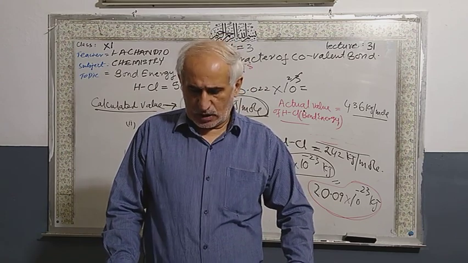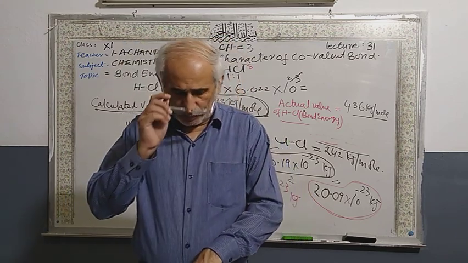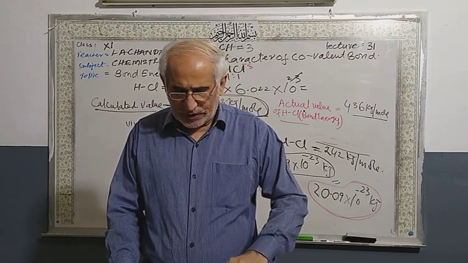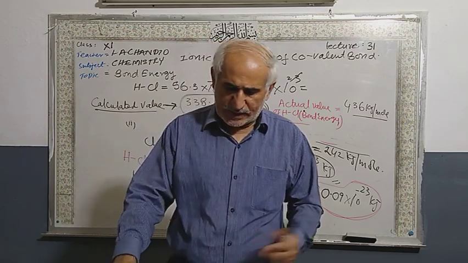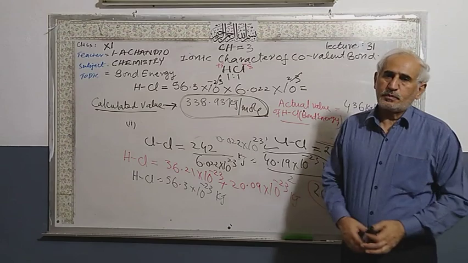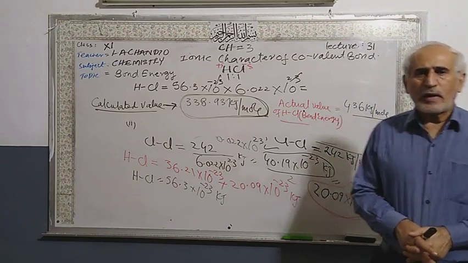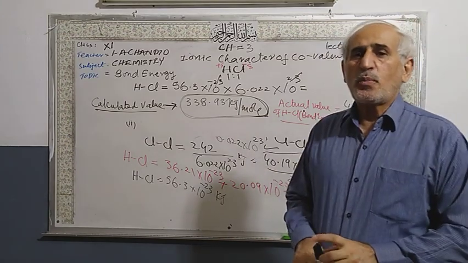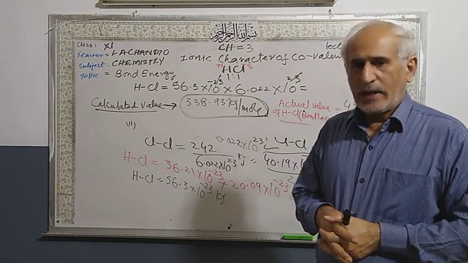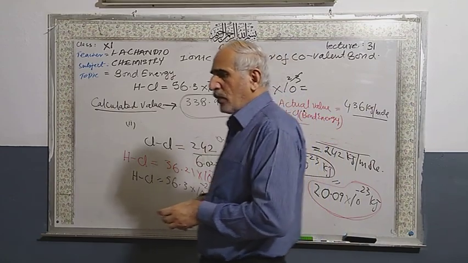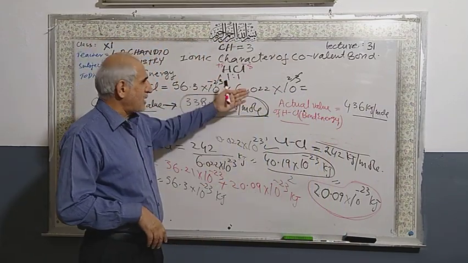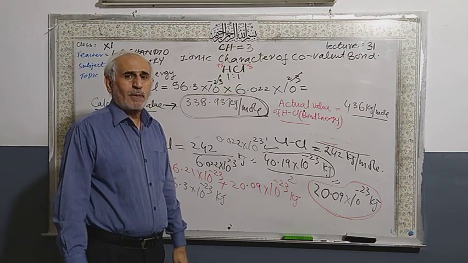So it shows polarity. The greater the difference of electronegativity between two bonded atoms, the greater the ionic character. For hydrogen fluoride, this difference is 1.9, just like I explained in the previous lecture. So hydrogen fluoride has much more ionic character. Hydrogen bromide less, hydrogen iodide the least.